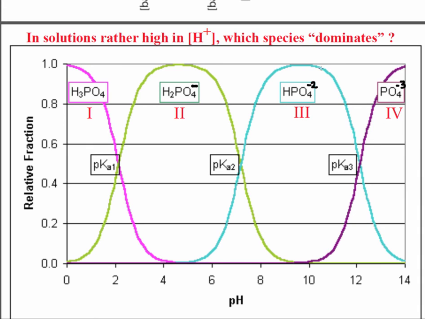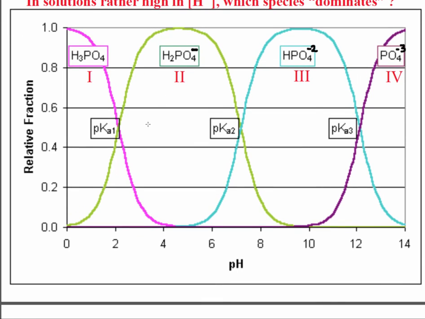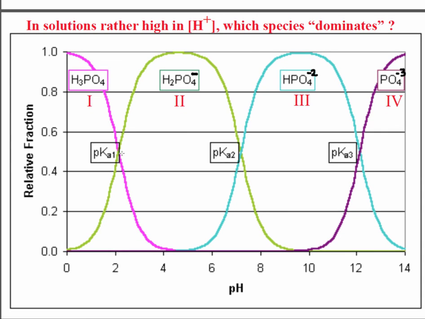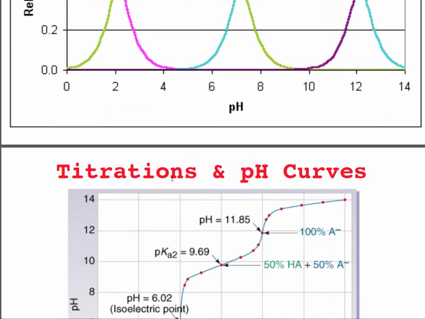At a pH of about 14, this stuff comes all the way down, and I have only PO4 3-. I could say more about that, but so I can read the intersection points. The intersection here is pKa1, so if my pH is 2 here, then my Ka must be 10 to the negative 2. And if my pH is about 7 something here, my Ka2 must be 10 to the negative 7 something. Okay, that's all I'll say about that one.